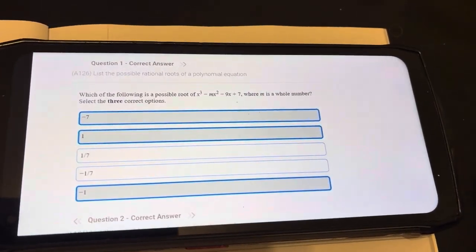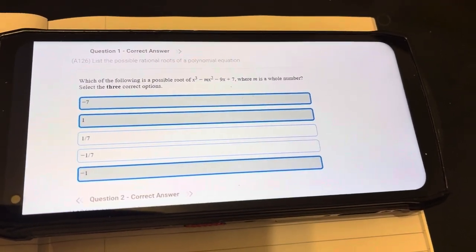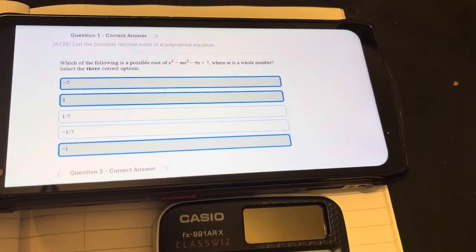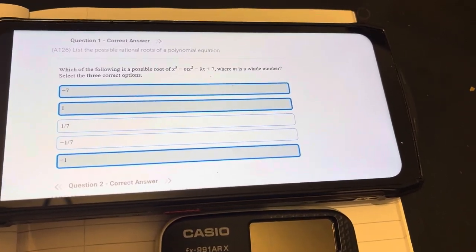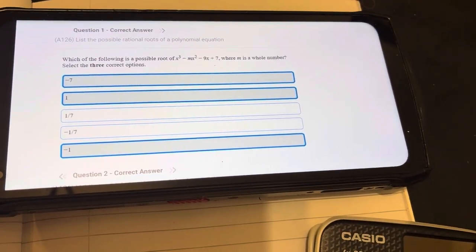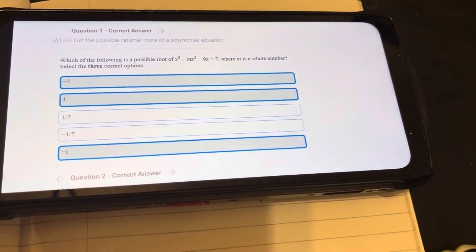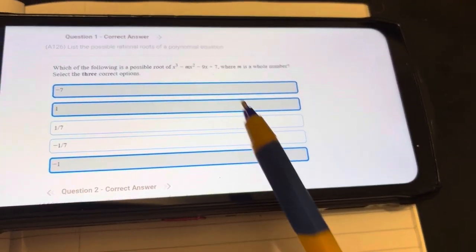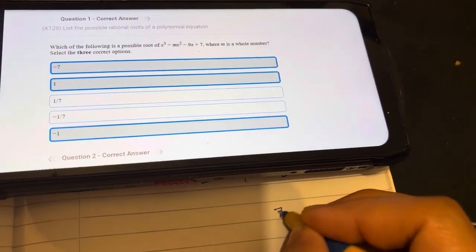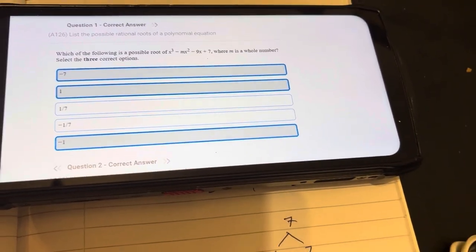Now I will solve the course practice 4.3, and I hope that the question makes more sense after solving it. Question 1. Which of the following is a possible root of this equation where m is a whole number? I can get the possible roots. The constant is 7, and the factors of 7 are 1 and 7.